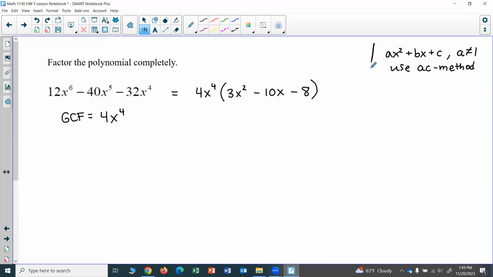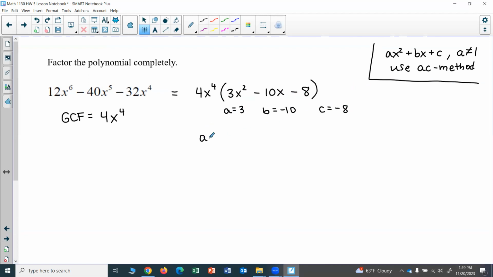I know that it's not a perfect square trinomial because 3 and 8 are not perfect squares. So that's what tells me I need to use AC method. So I have A is 3, B is negative 10, and C is negative 8.